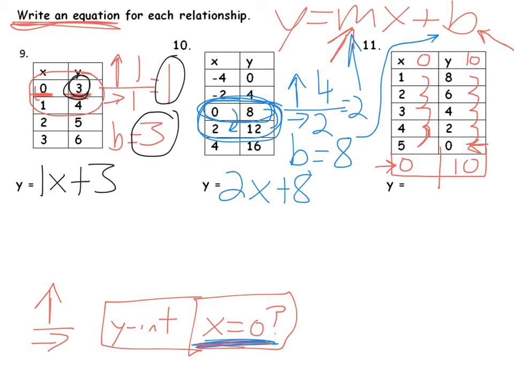So let's pick 2 points. How about these 2 right here? How much does y go up from 0 to 10? It goes up 10. How much does x go from 5 to 0? It goes down 5. So my slope is 10 divided by negative 5, which is negative 2.